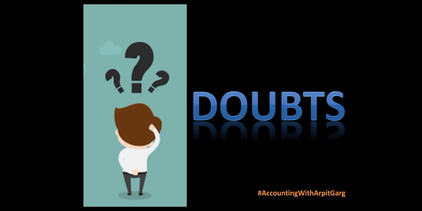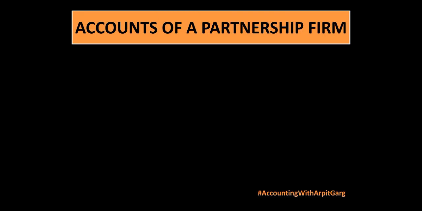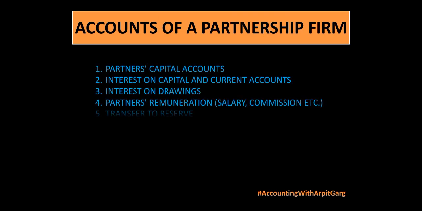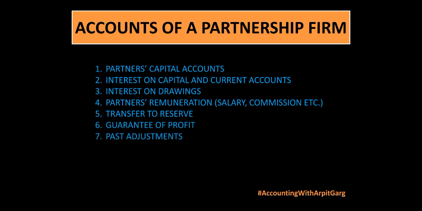As we have completed our basics, now we have to study the accounting of some topics. The topics to be covered are partners capital account, interest on capital and current account, interest on drawing, partners remuneration, that is salary, commission, etc., transfer to reserve, guarantee of profit, and past adjustment.